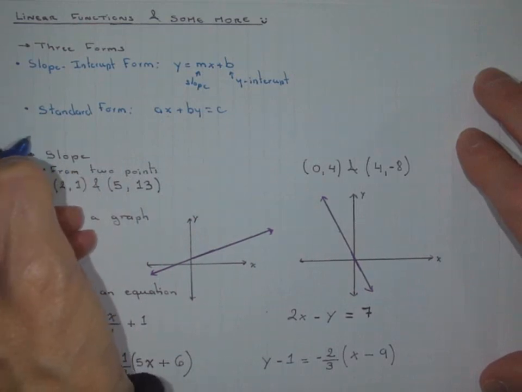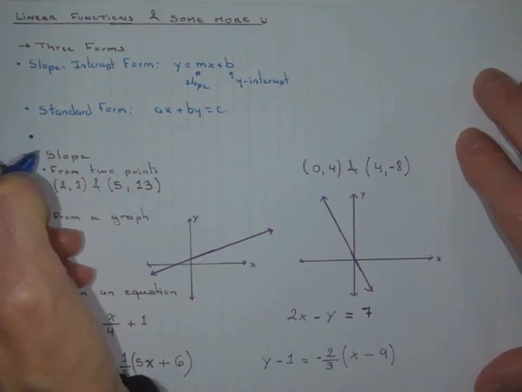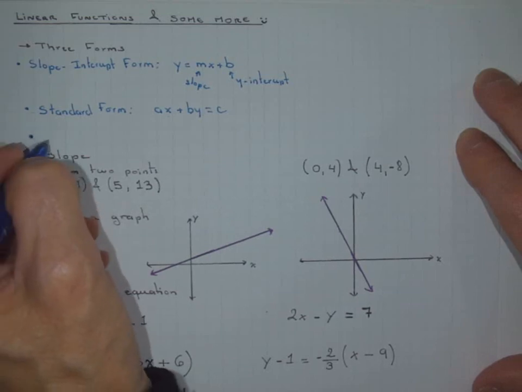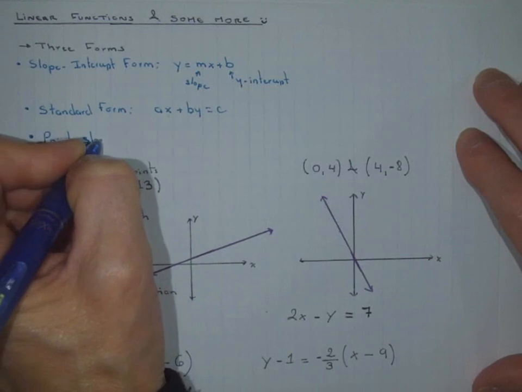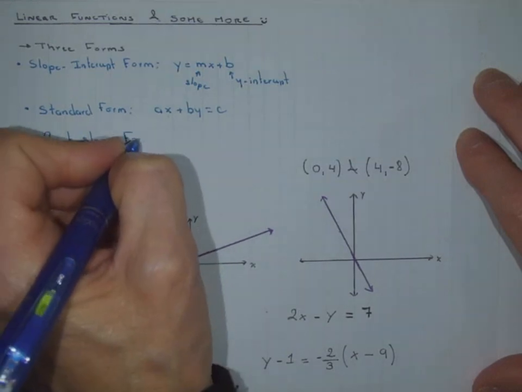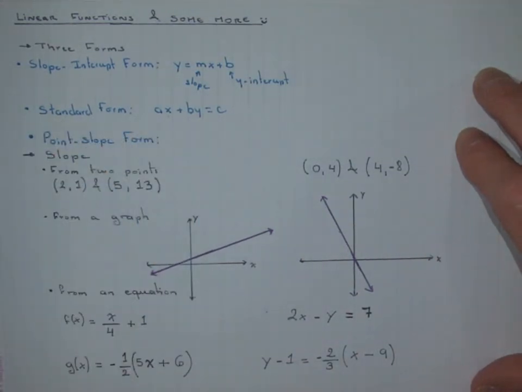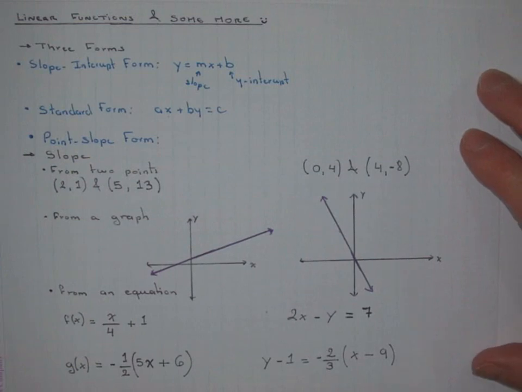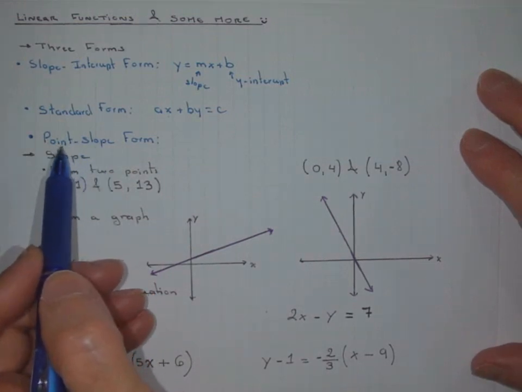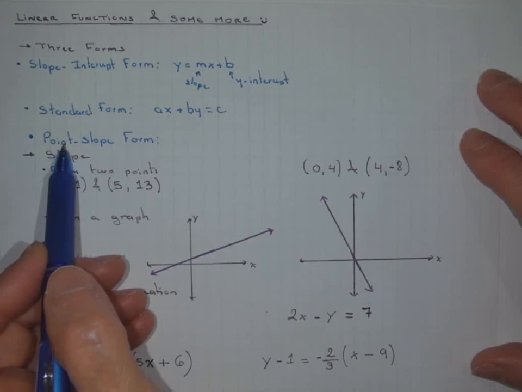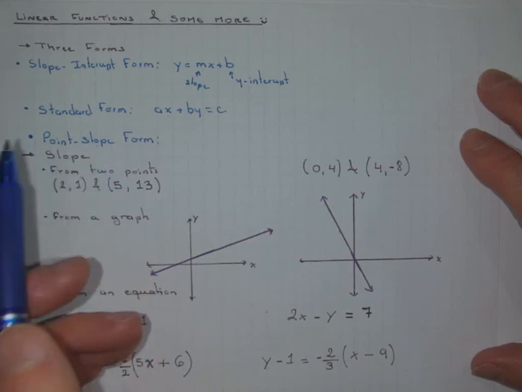Okay, and then the third form of a linear equation will be what we call the point-slope form. The point-slope form is the one used the most in upper-level math classes. And as its name indicates, it's an equation that just by looking at it, you will get one point on the line and the slope.